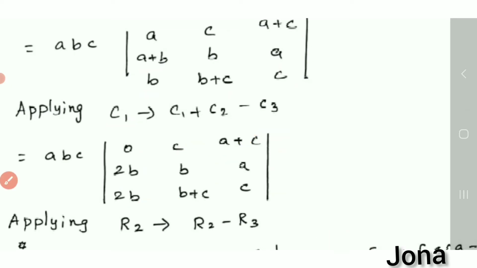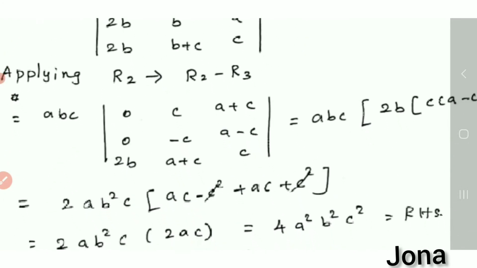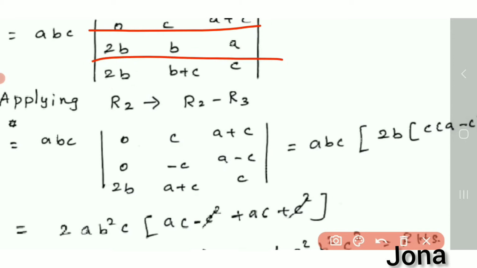And then again we want to simplify something, taking R2 and R3 here. So R2 can be written as R2 minus R3. Here this is R1, R2, R3. We are going to do R2 as R2 minus R3.